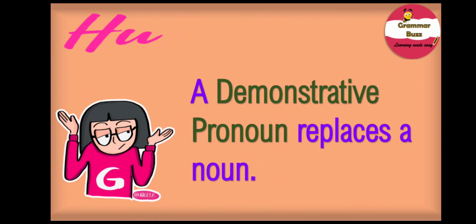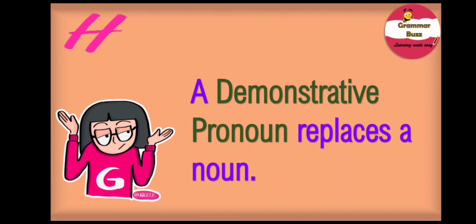A pronoun replaces a noun in a sentence in order to avoid repetition. So a demonstrative pronoun does the same job like any other pronoun. It replaces the noun in a sentence. But they are not used with the nouns, but instead they stand in place of the noun. Simple so far, right?